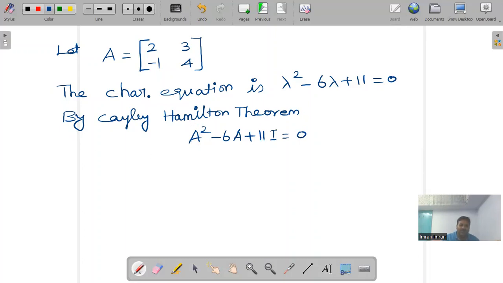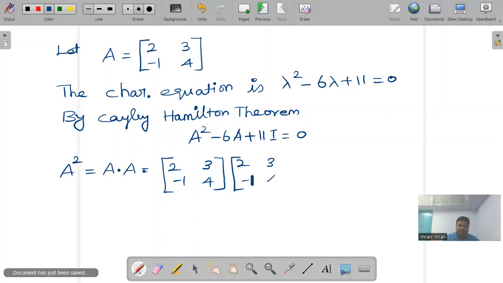To prove this Cayley-Hamilton theorem, now compute A square. A square equal to A into A, which is 2, 3, minus 1, 4 times 2, 3, minus 1, 4. Now multiply these two matrices. First row, first column: 2 2s are 4, 3 into minus 1, minus 3.